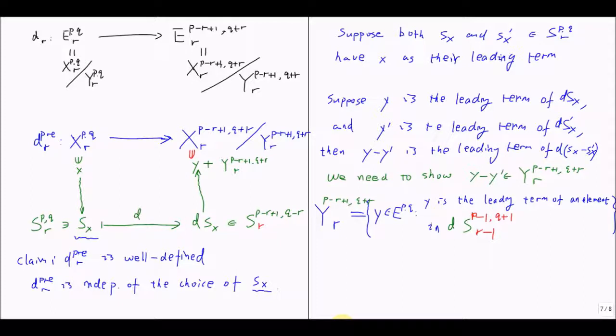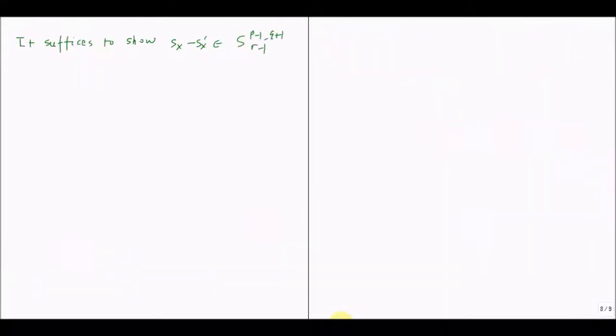And now it suffices to show that s_x minus s prime sub x is in S^{p-1,q+1}_{r-1}. Okay, so why is this true? In order to prove this, let's draw a picture.